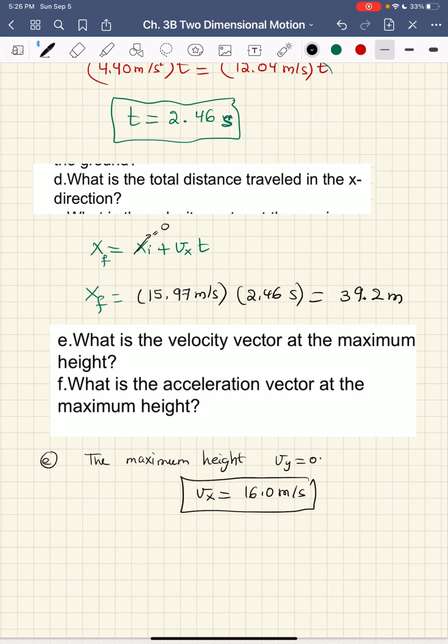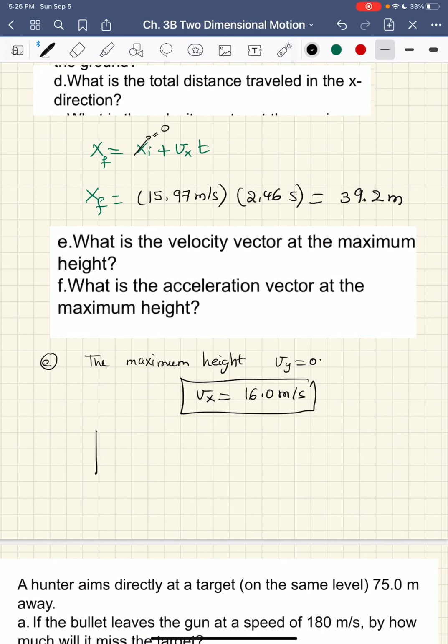Now what if they ask about the velocity when it reaches here? You need to find the Vy by itself, you know Vx, and then you will be able to solve using the Pythagorean theorem, and find that velocity and also its direction.